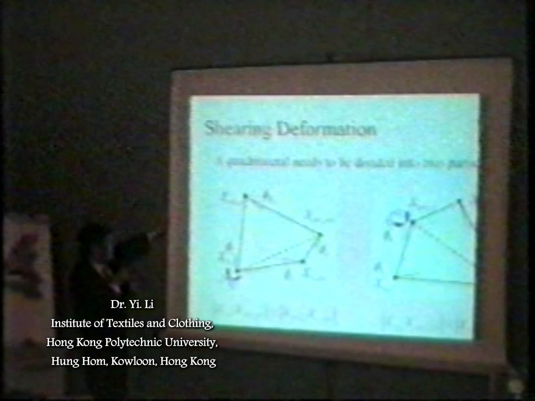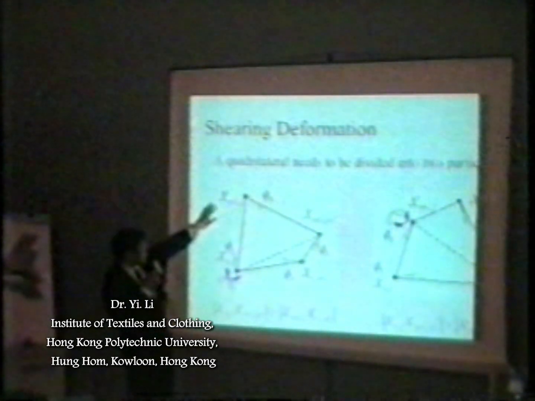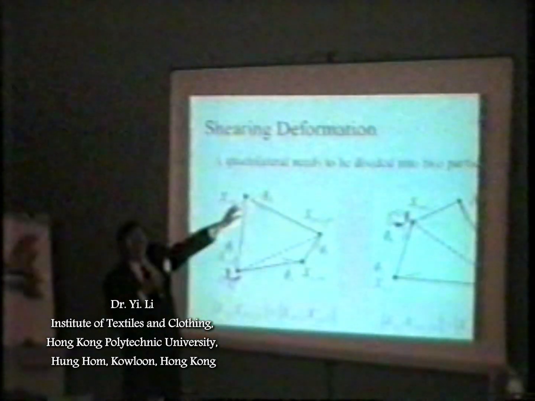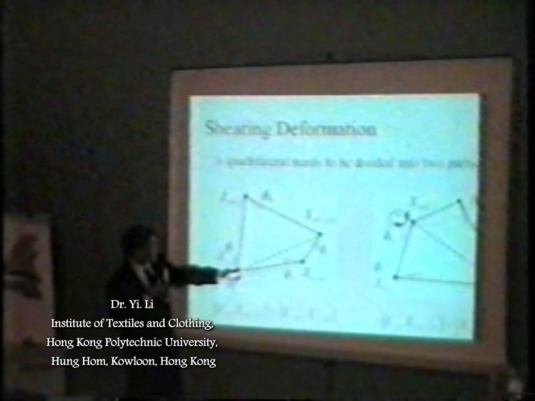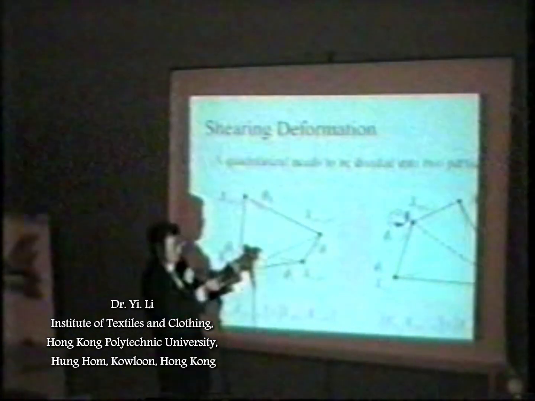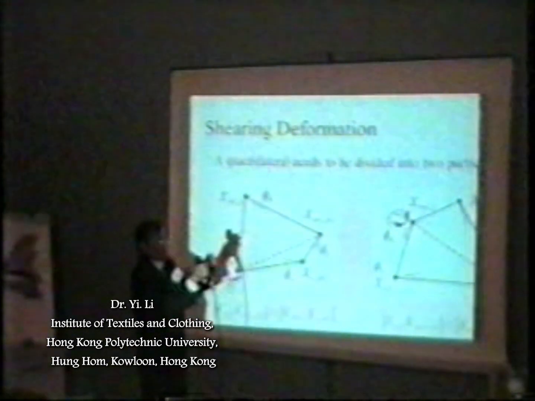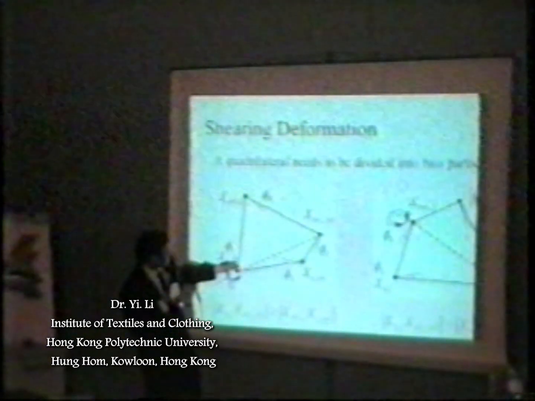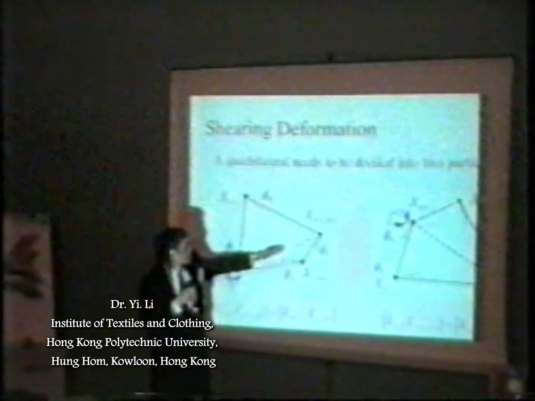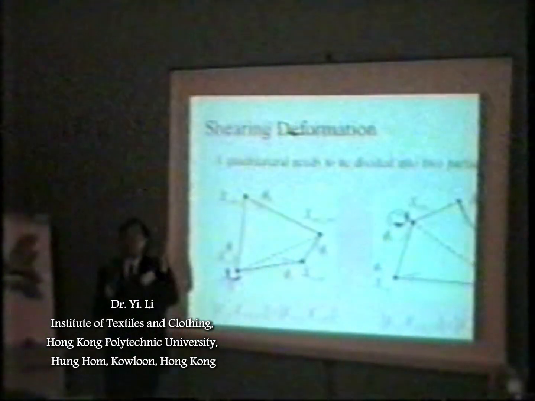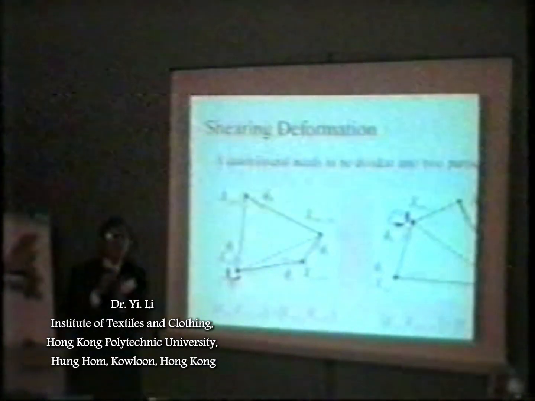In terms of shearing, we have considered a square of 4 particles. If the particles are like a piece of paper, they can bend in different dimensions. So we consider the diagonal crossing to become 2 triangles, and each triangle becomes 1 plane.